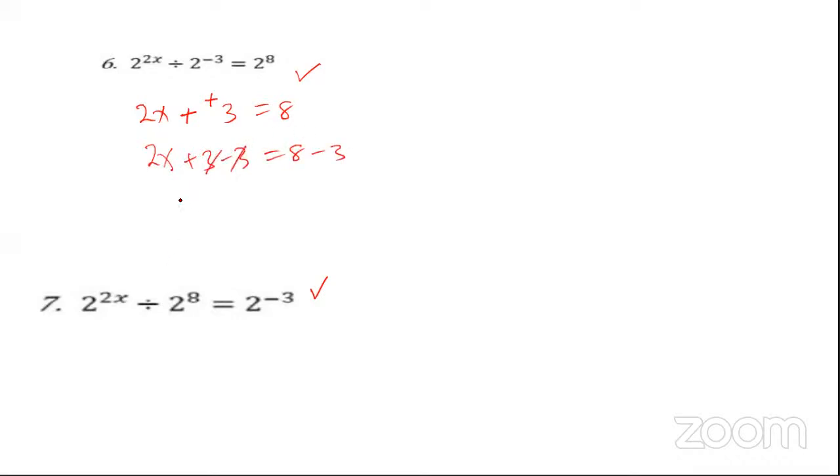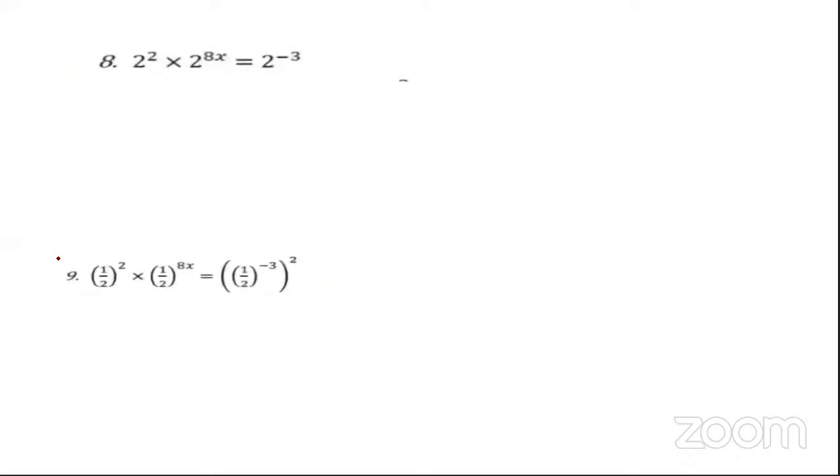I've already equated the powers. 2x is equal to 5. So divide by 2, divide by 2, x will be 5 out of 2. The point is, please carry your negatives. Don't leave the negatives behind. The same principle used on 6 is the same we use on 7.